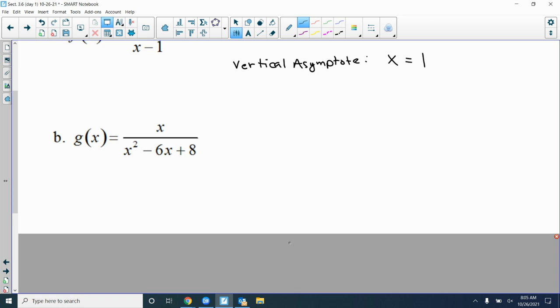We have to factor. That's going to factor into x minus 4 times x minus 2. So x cannot equal 4 or 2.